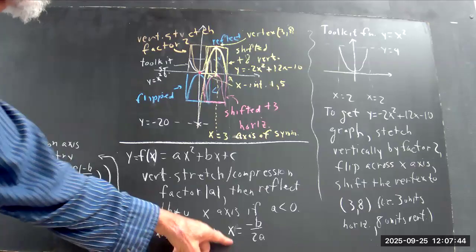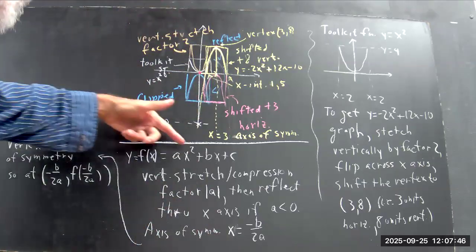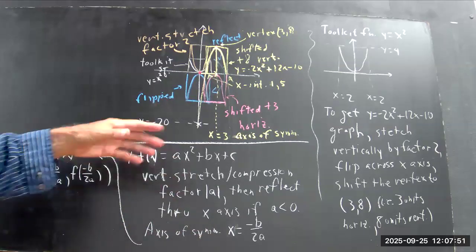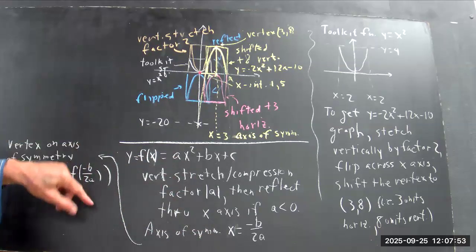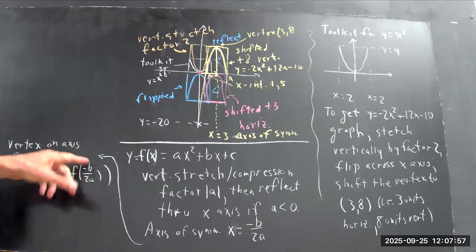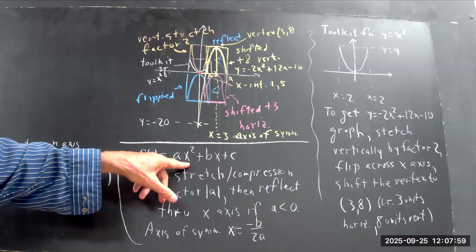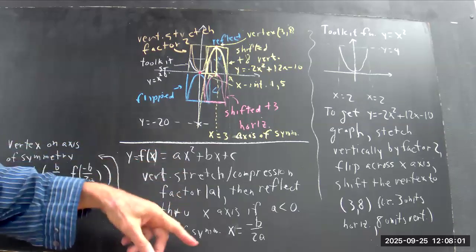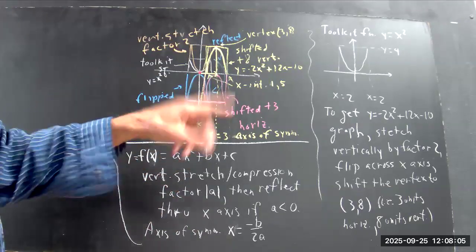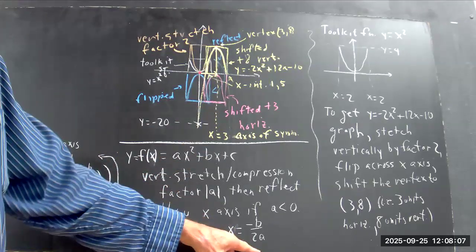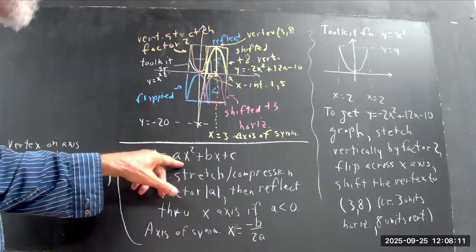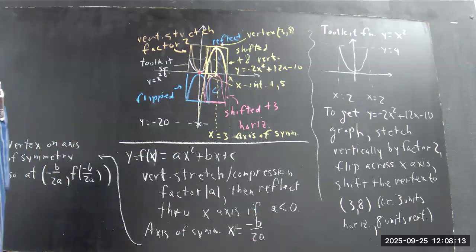But if you want to find the y coordinate, you plug that x back into the formula for the function. And I just abbreviate, plug it into the formula by saying f of negative b over 2a. That's something you need to understand. That just says plug whatever this is into this expression. Because it's obvious that if you have y equals ax squared plus bx plus c and x equals this, then to get the y coordinate on that line, you plug that number in.